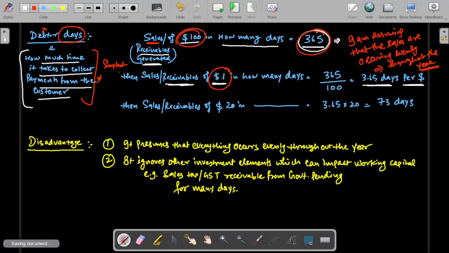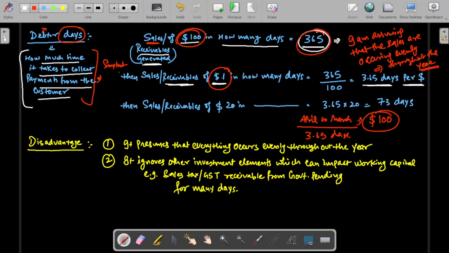If the whole year is from April to March and the income statement shows a sale of $100, I am presuming $1 is done after every 3.65 days. It is very much possible that the whole $100 sale is done in the month of March itself. This formula altogether ignores this fact.